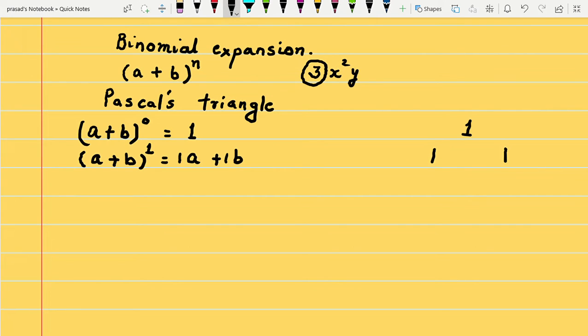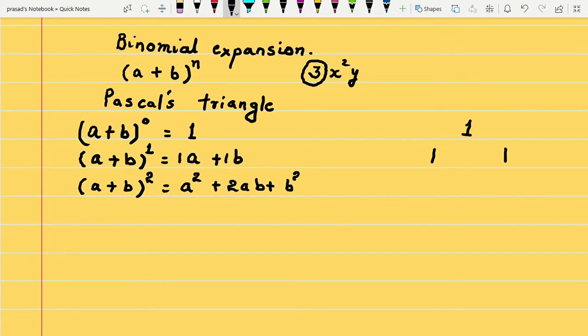Now you have already studied the expansion of a plus b square, and that is a square plus 2ab plus b square.